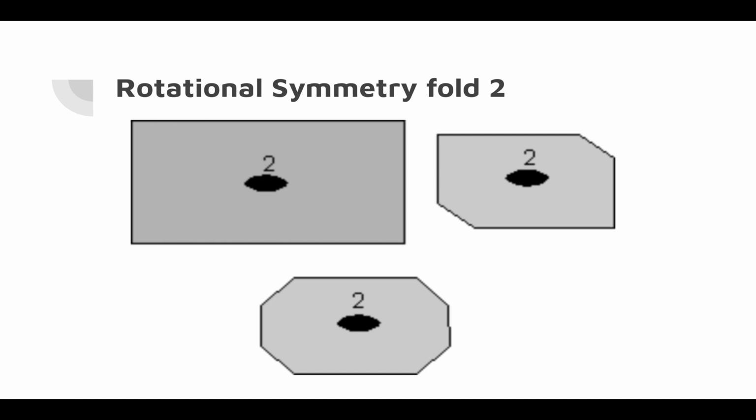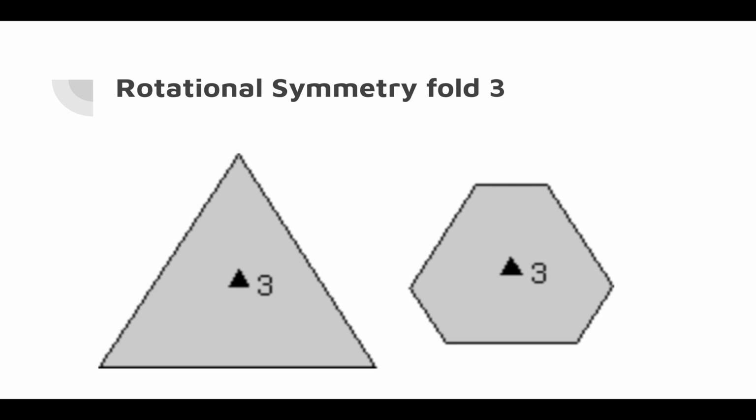Next we have threefold rotation axis. These are objects that repeat themselves upon a rotation of 120 degrees and are said to have a threefold axis of rotational symmetry because 360 divided by 3 is 120, and they will repeat three times in a 360-degree rotation.